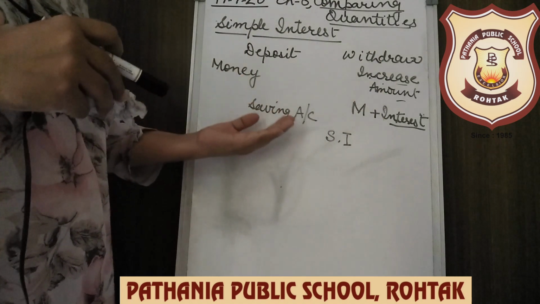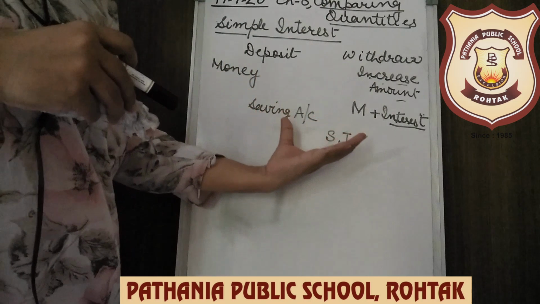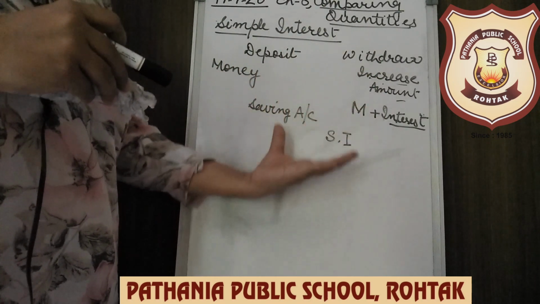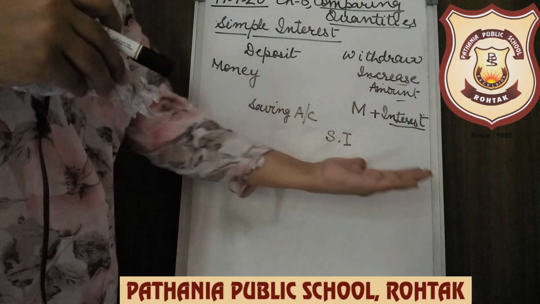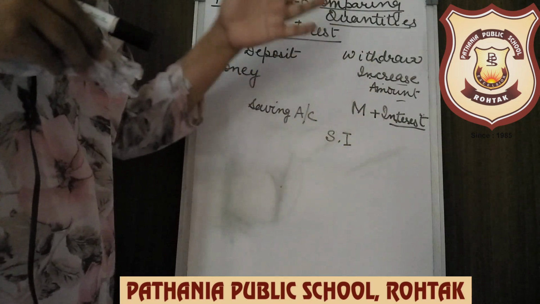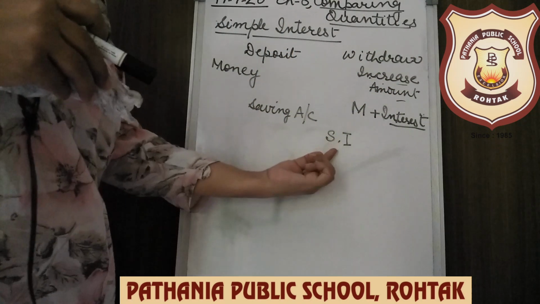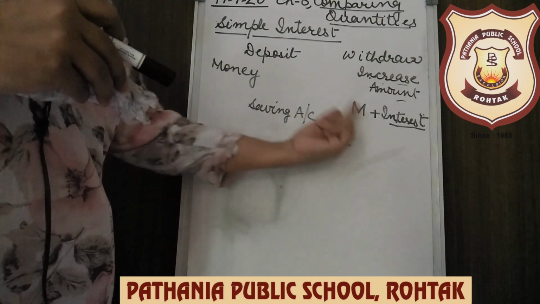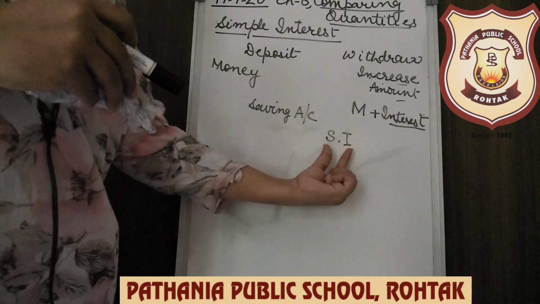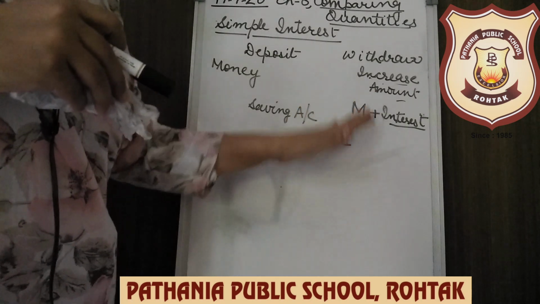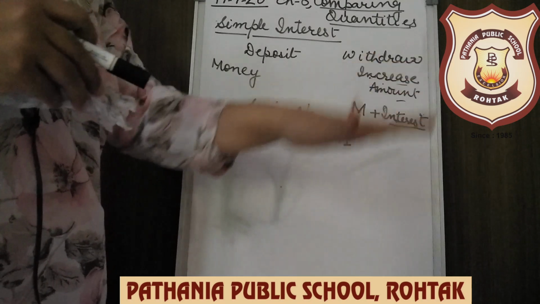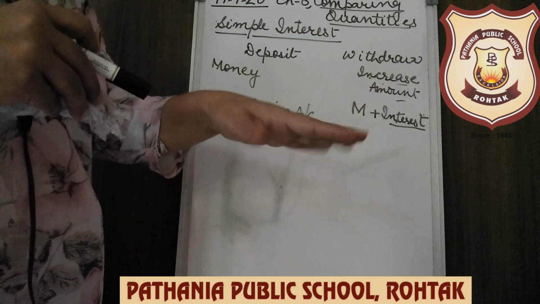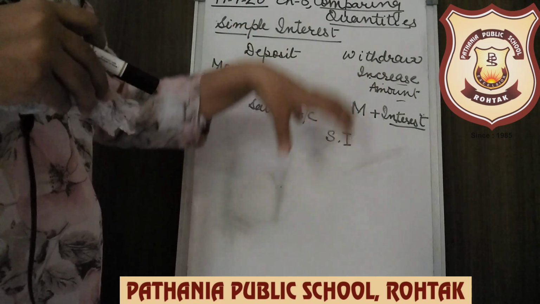You must be knowing that some money is kept in the account and some money is put in FDs, fixed deposits. That interest is different from this interest. This interest is for the saving account, but for FDs that interest is a different one, and there you get more amount.